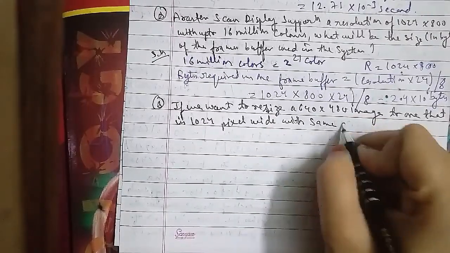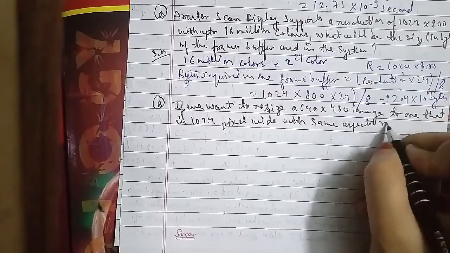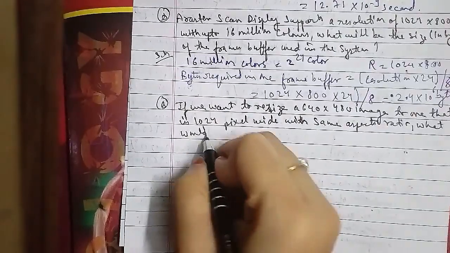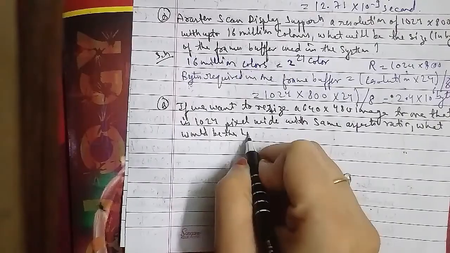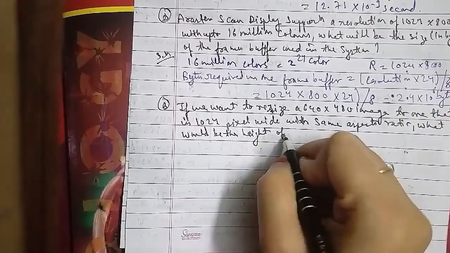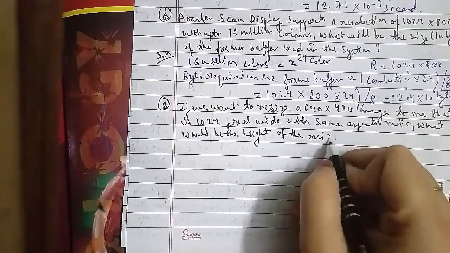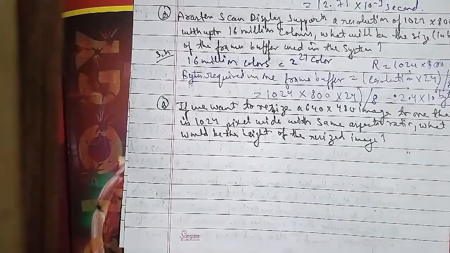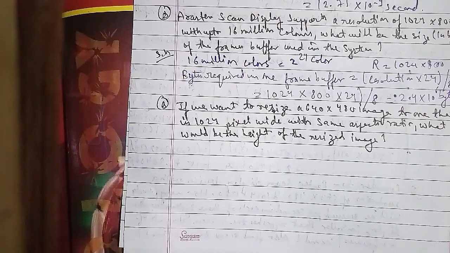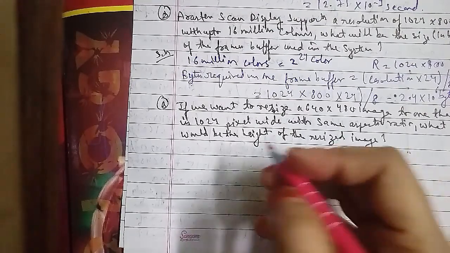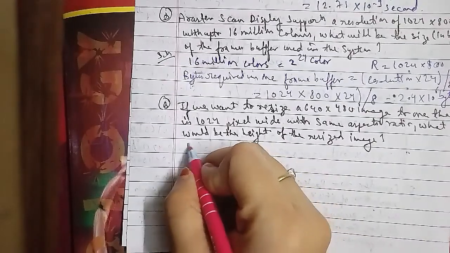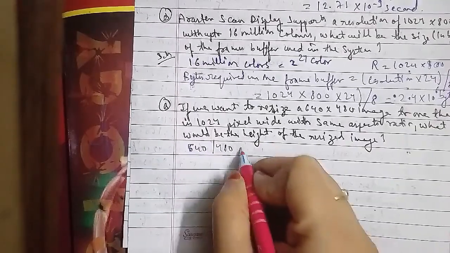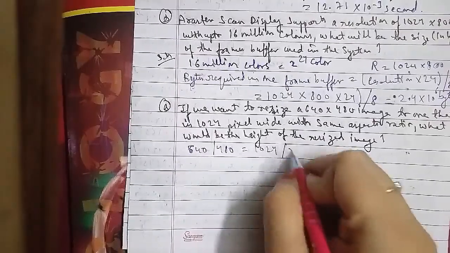So here now we'll go ahead with another question, and that is, what will be the size of a 1024 multiply 1280 pixel image at 300 pixels per inch.